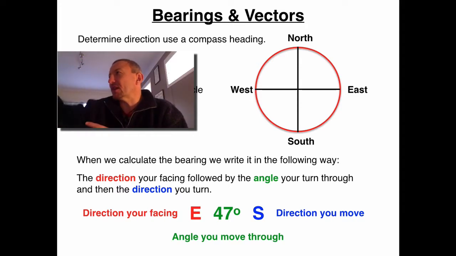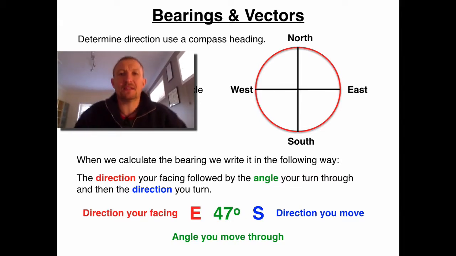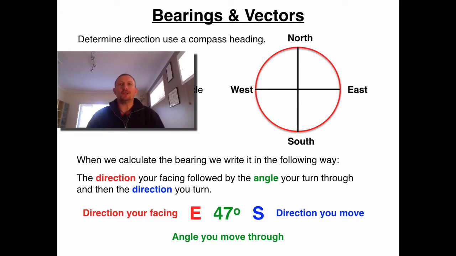So I'll be pointing in that direction over there rather than pointing in that direction over there if I'm facing straight east. So if you imagine I'm standing here, looking east, I turn 47 degrees. Do I turn 47 degrees this way, or this way? Now in this case this is going to be my north, this is going to be my south.